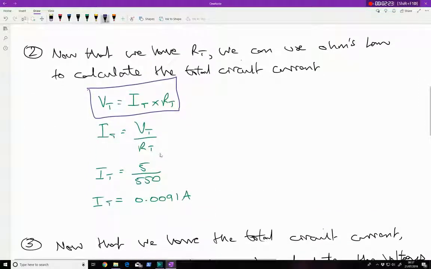And we simply plug the values into the equation, rearrange for I, and we get a total circuit current of around about 0.01 amps.